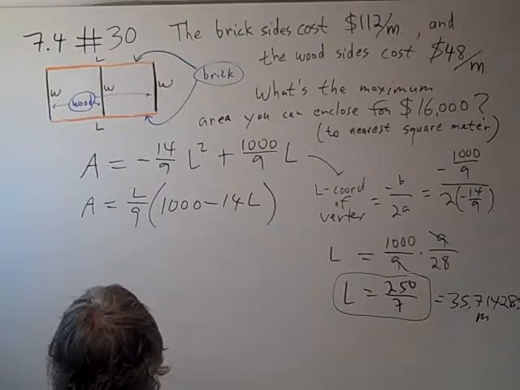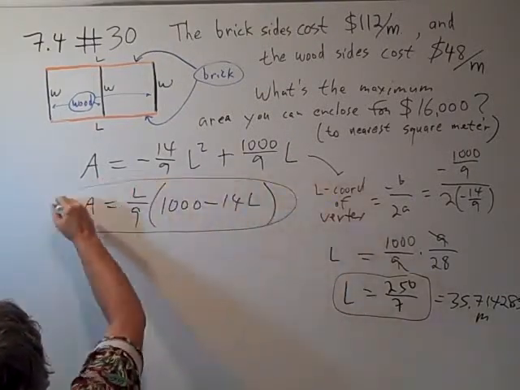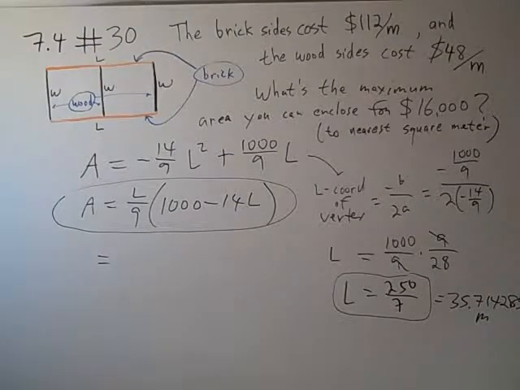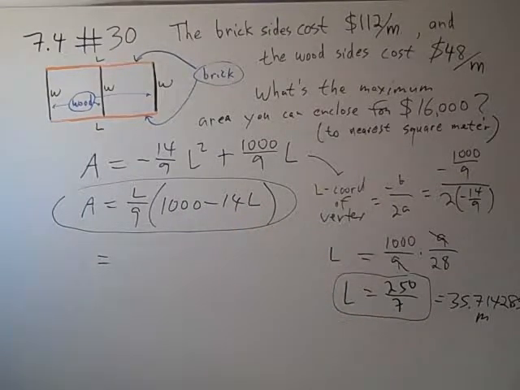So plugging that into our equation, in this form it's easier to compute when it's factored like this. So substituting in our value for L, 35.7142857143, here's what we get. Times 14, that's equal to 500 exactly. So 1,000 minus 500 is 500.